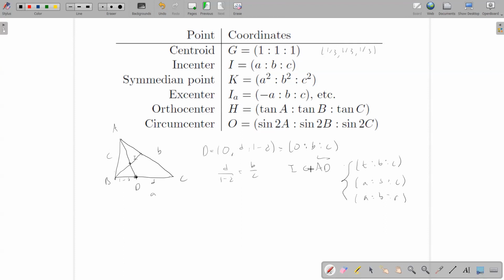You can easily find the point that satisfies all three of these: a, b, c. Cool enough, what this is saying is that the areas from I to two of the vertices are in a ratio that's the same as the ratio of the sides.